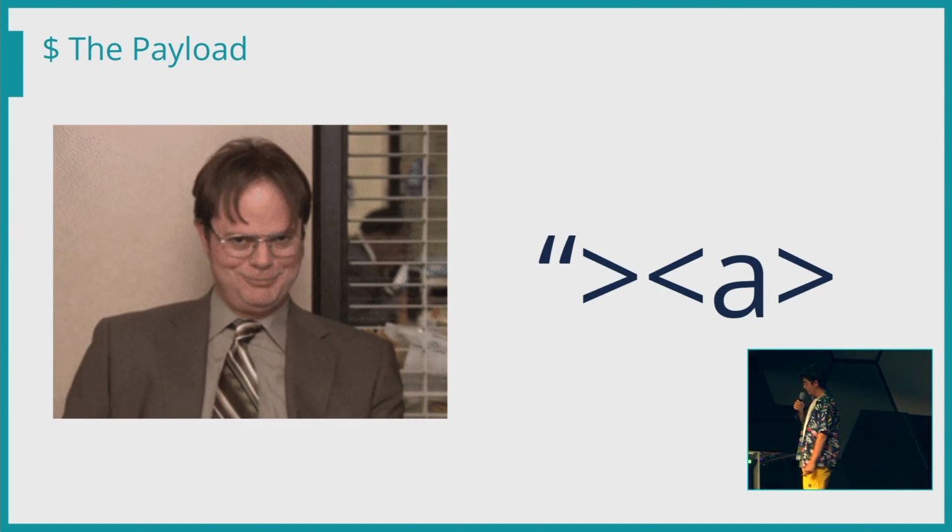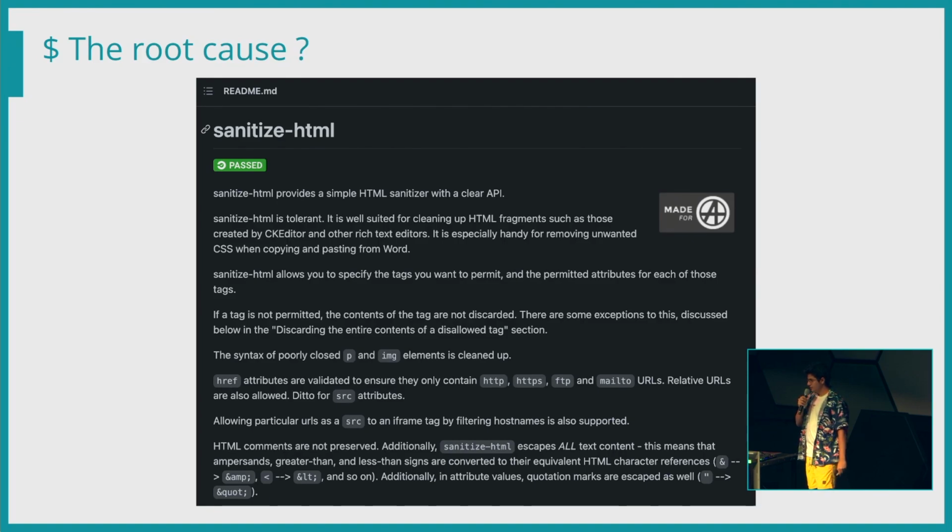And to understand why, you need to understand that our target was actually using a library called sanitize HTML. And so sanitize HTML actually strips any malicious tags, any malicious attributes that may evaluate JavaScript, right? And so one of the attributes that it tries to strip is the href when you put a JavaScript protocol.